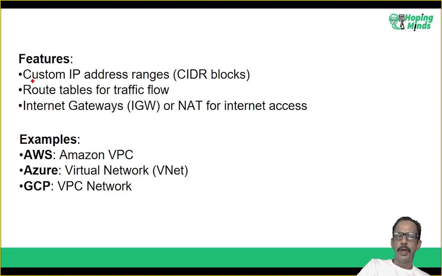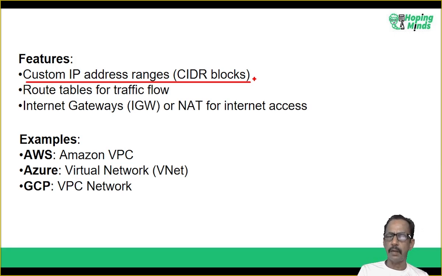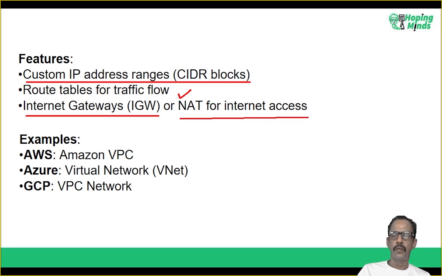As a feature, you need to set up your own custom IP range here, the CIDR block. I want to make it clear that you should be very familiar with IP subnetting and CIDR ranges, otherwise you cannot plan your network properly. Then we need to configure the routing table, the internet gateway, and NAT for internet access.